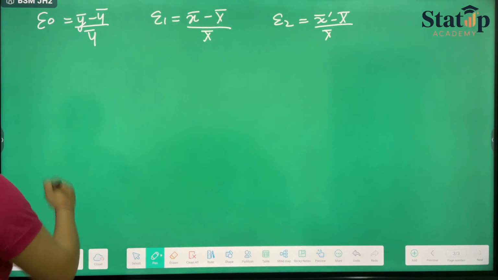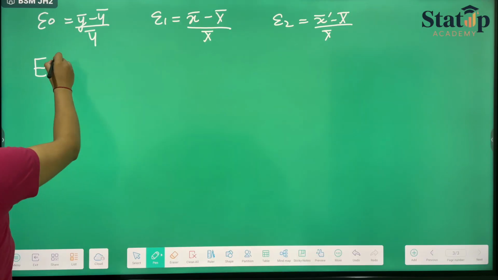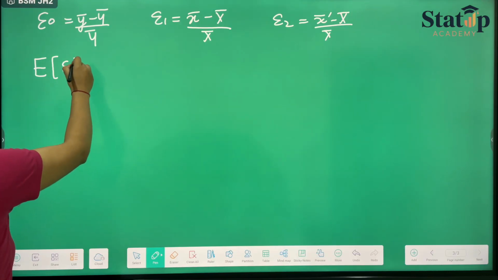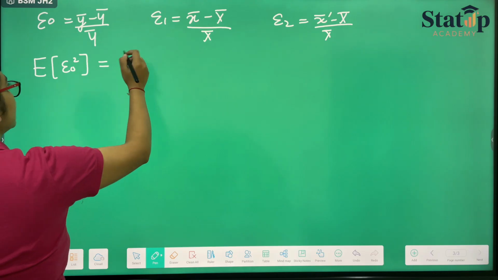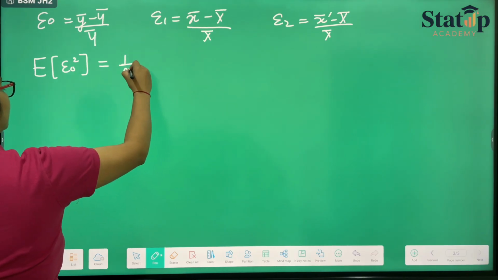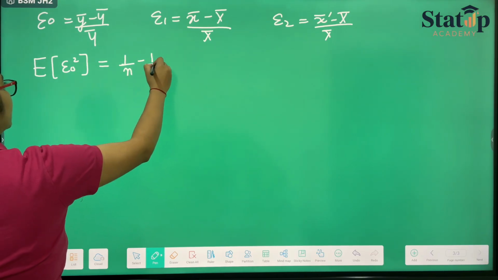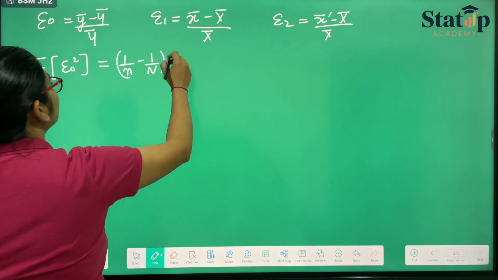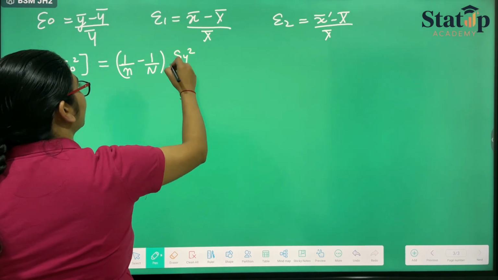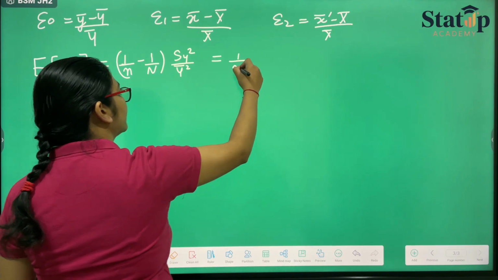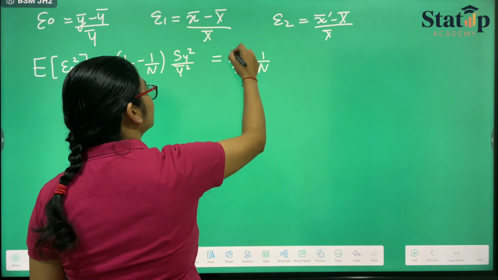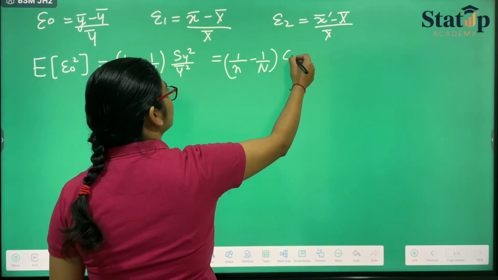So the expectation of epsilon naught square, as we did in yesterday's class, is nothing but 1 upon n minus 1 upon capital N bracket sy square upon y bar square, which is nothing but 1 upon n minus 1 upon capital N cy square.